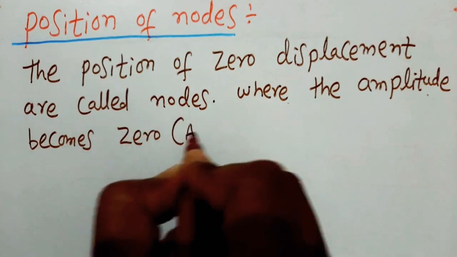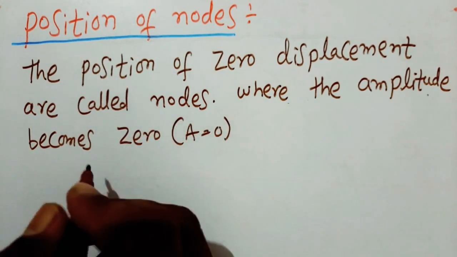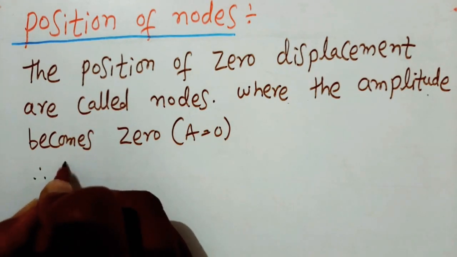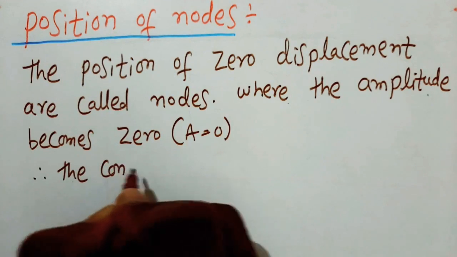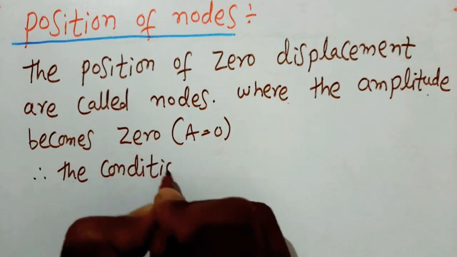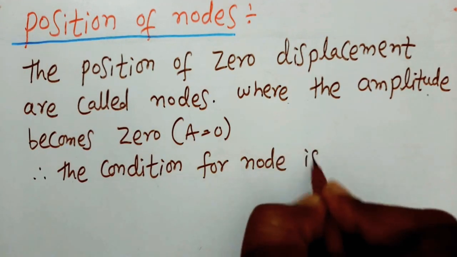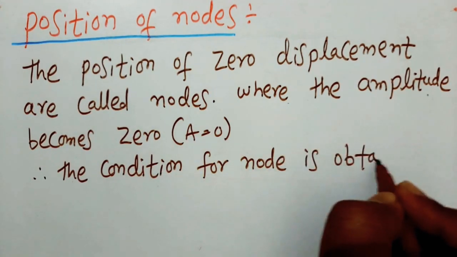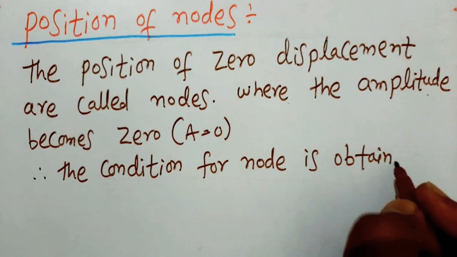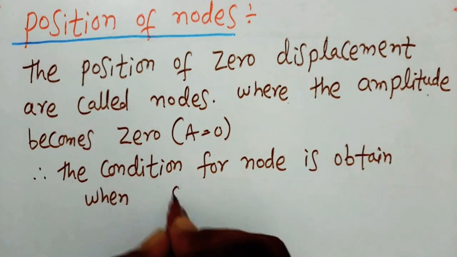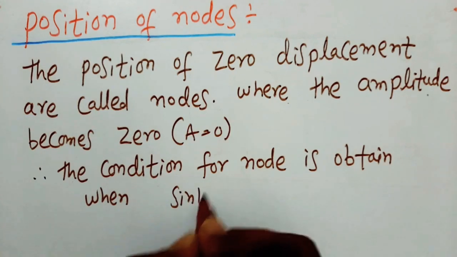That is, A is equal to 0. Therefore, the condition for a node is obtained when sin kx is equal to 0.